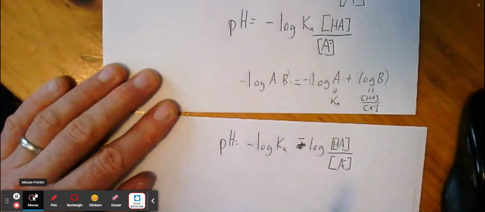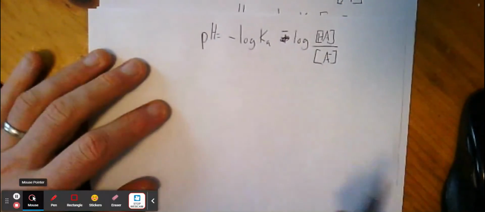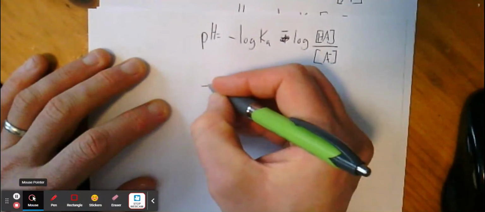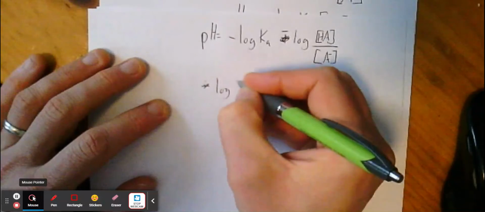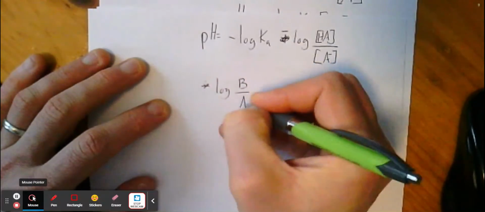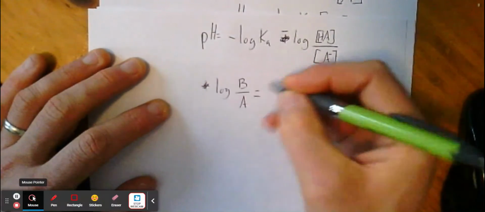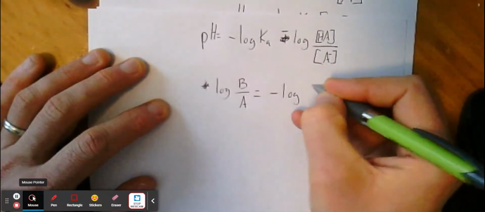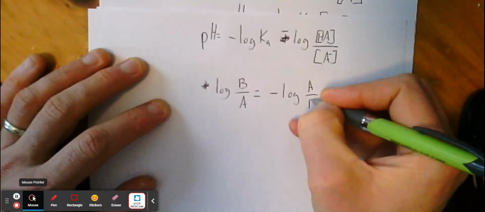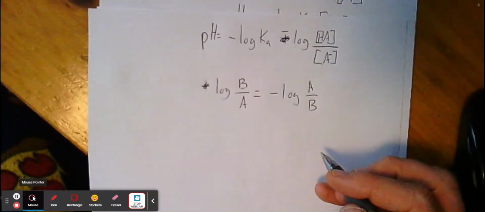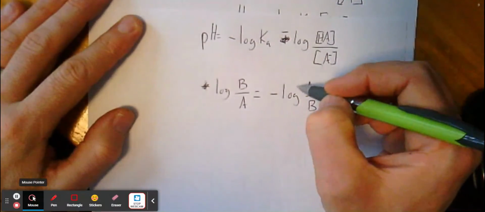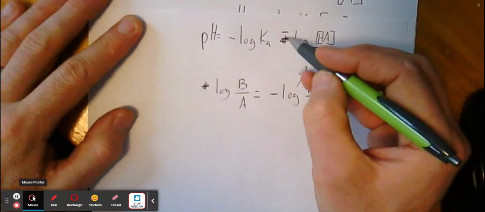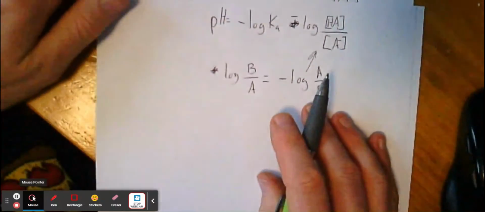Now, there's another property of logs that is going to be important. The log of B over A is equal to the negative log of A over B. So, if this is this, then I can flip it and get rid of this negative.